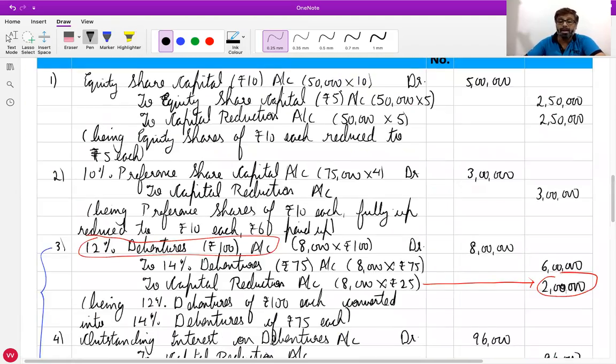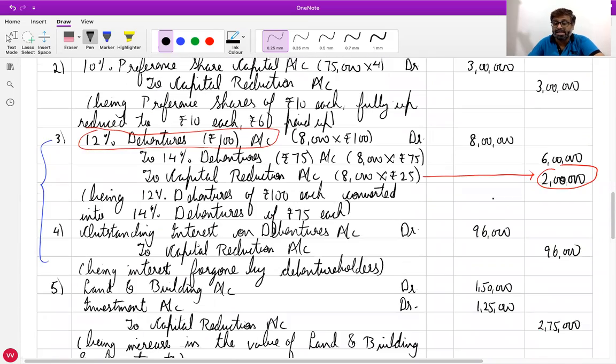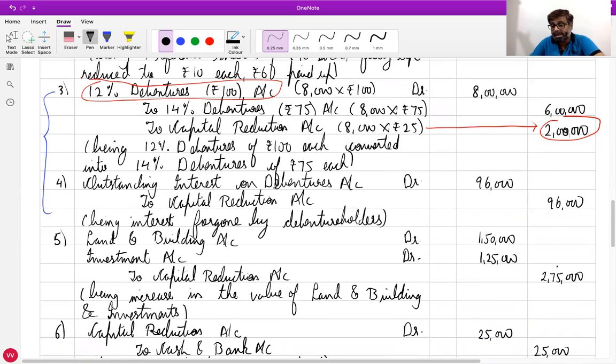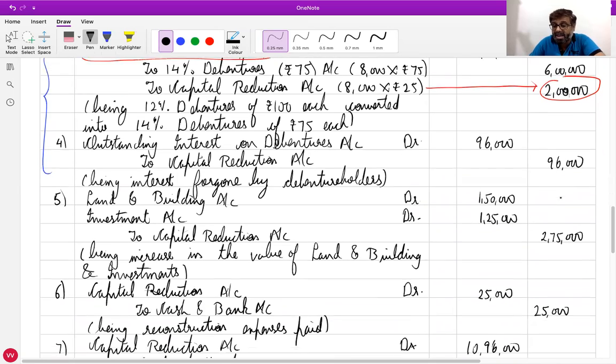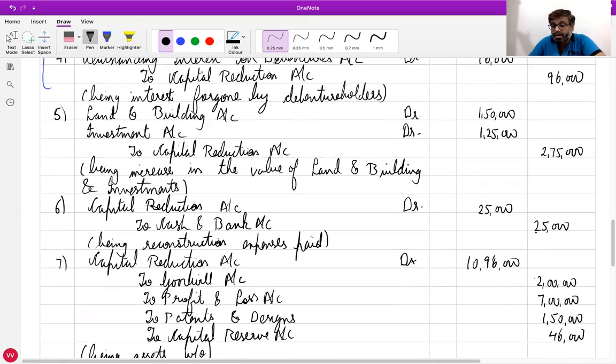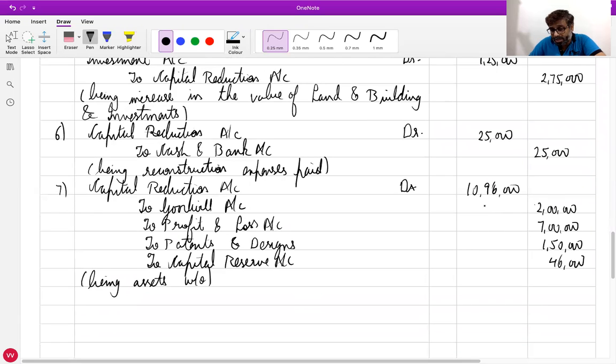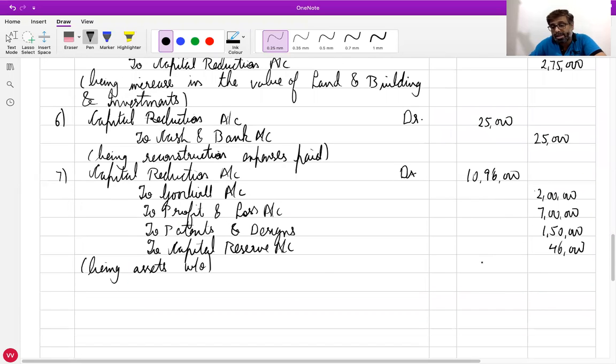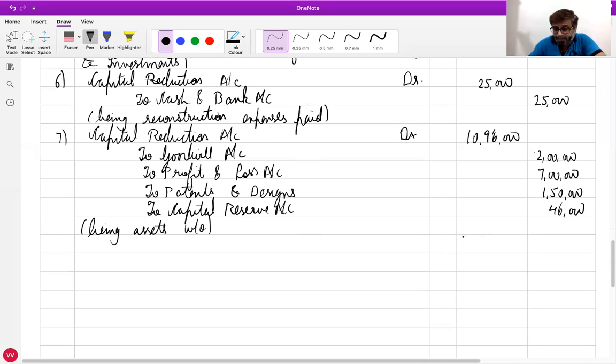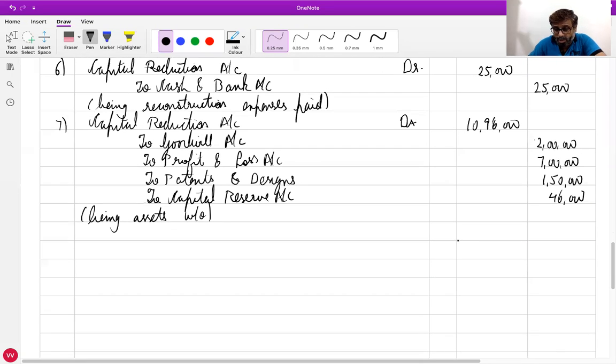Yes. Now the total is 30 lakh 92,000, is it? Total.